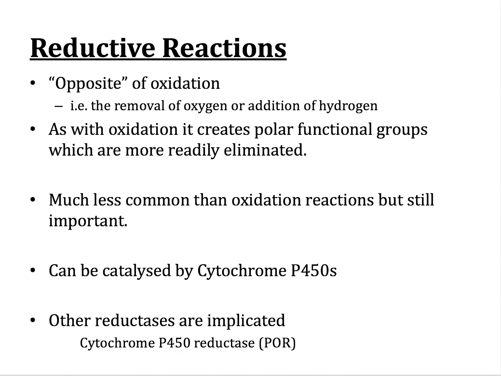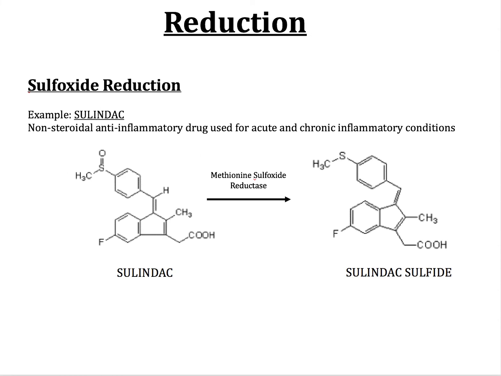So going back, this is sulindac, and methionine sulfoxide reductase is the enzyme used here, and it goes into sulindac sulfide. For a sulfoxide, you look for this group here, and you simply get rid of the oxygen, and that's the active form.